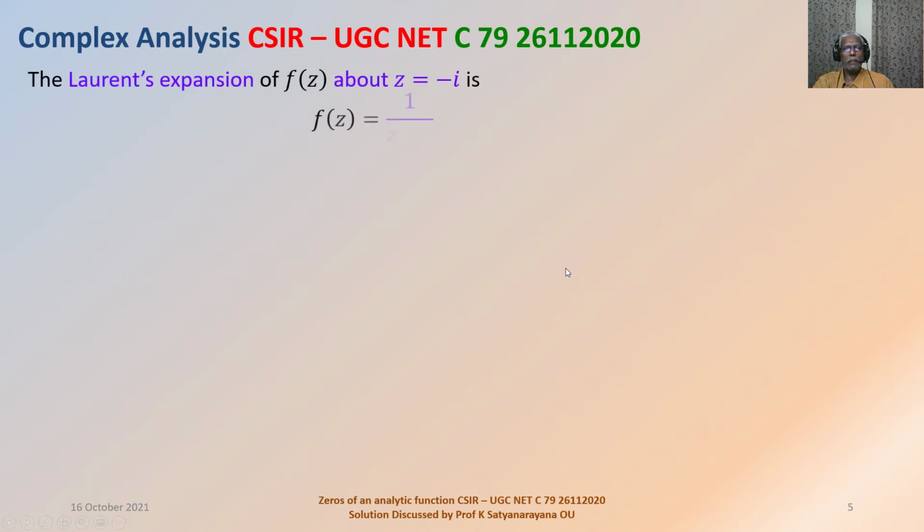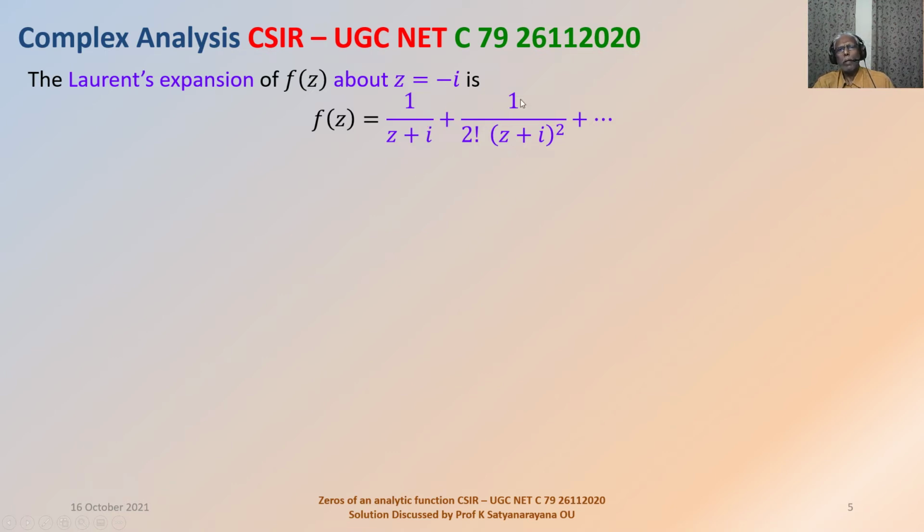We have seen in the last slide the Laurent expansion of f of z is this one. And notice that the part consisting of the negative powers of z plus i is called the principal part of the Laurent expansion of the function f of z. If the principal part has no terms, then z is equal to minus i is a removable singularity. If the principal part has finitely many terms, then z is equal to minus i is a pole.